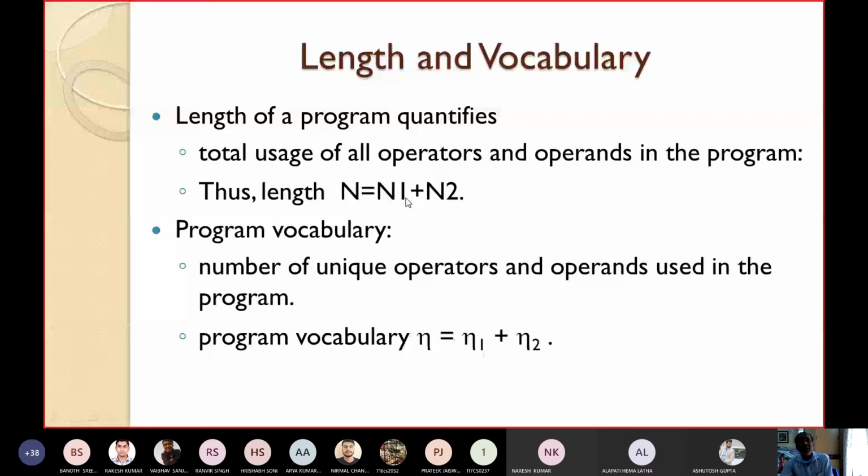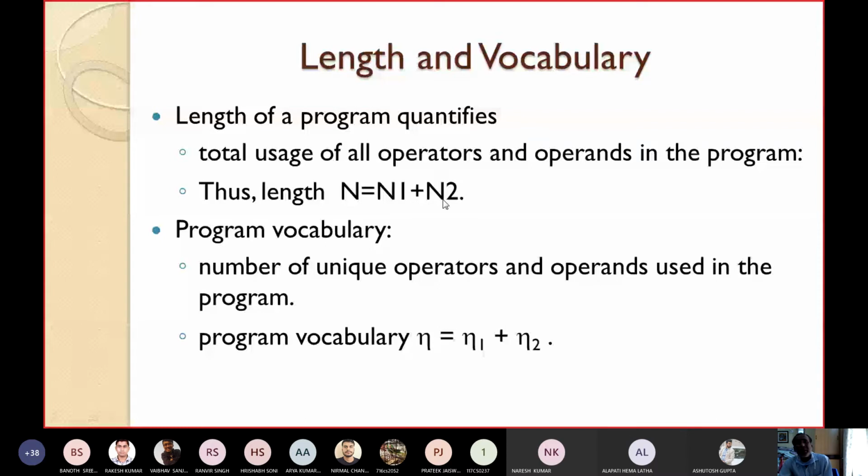If you are writing 1000 lines of code, counting each operator and operand is very cumbersome. If you can find another way by just counting the unique number of operators and operands, then our job will be a little bit simpler. This is the straightforward way: program length is equal to total number of operators plus total number of operands.